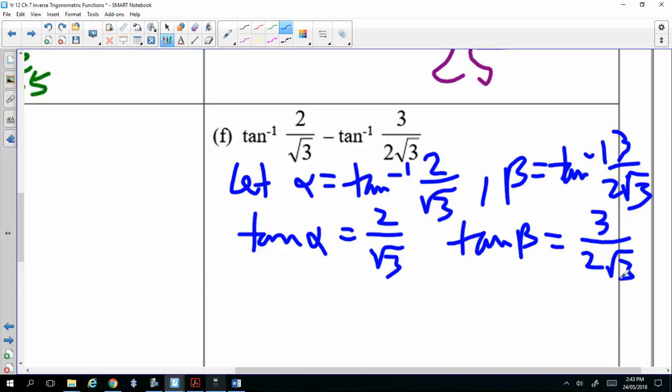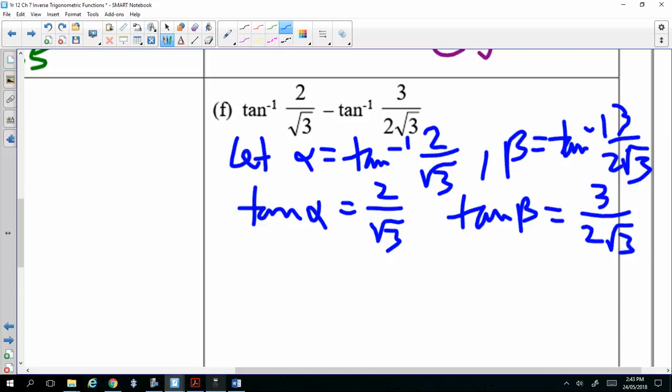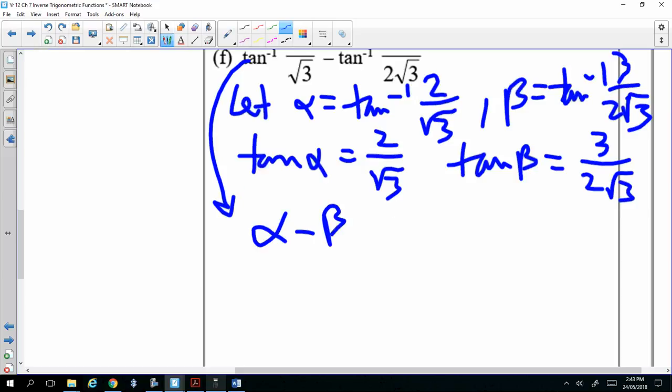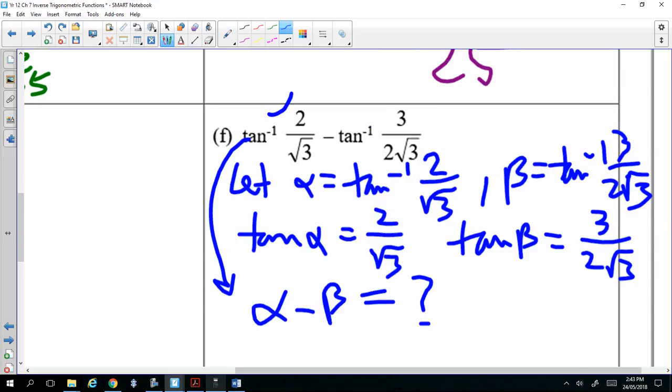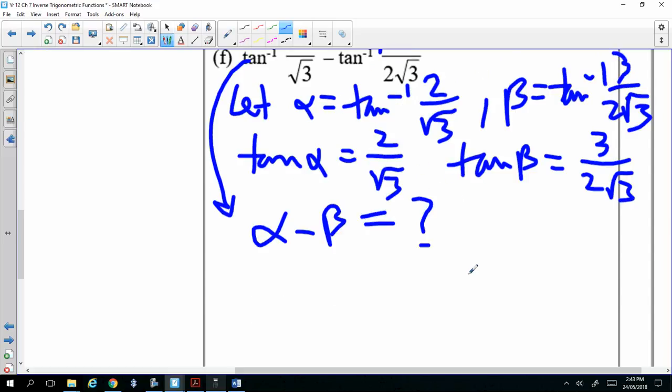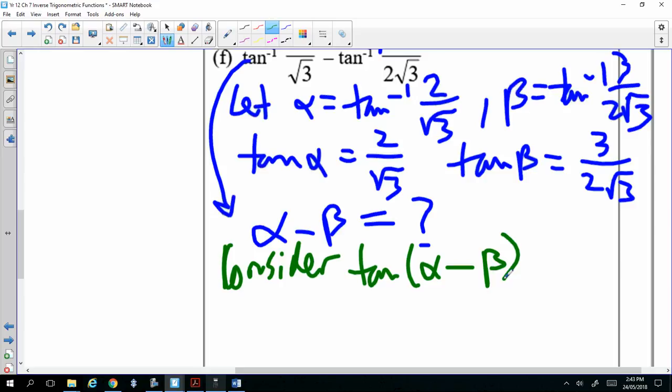To work that out, consider working out tan of alpha minus beta, because tan are related. And then you just have to expand this: tan alpha minus tan beta over 1 plus tan alpha tan beta. Just work out this first, and then that will help you work out the difference in the angle.